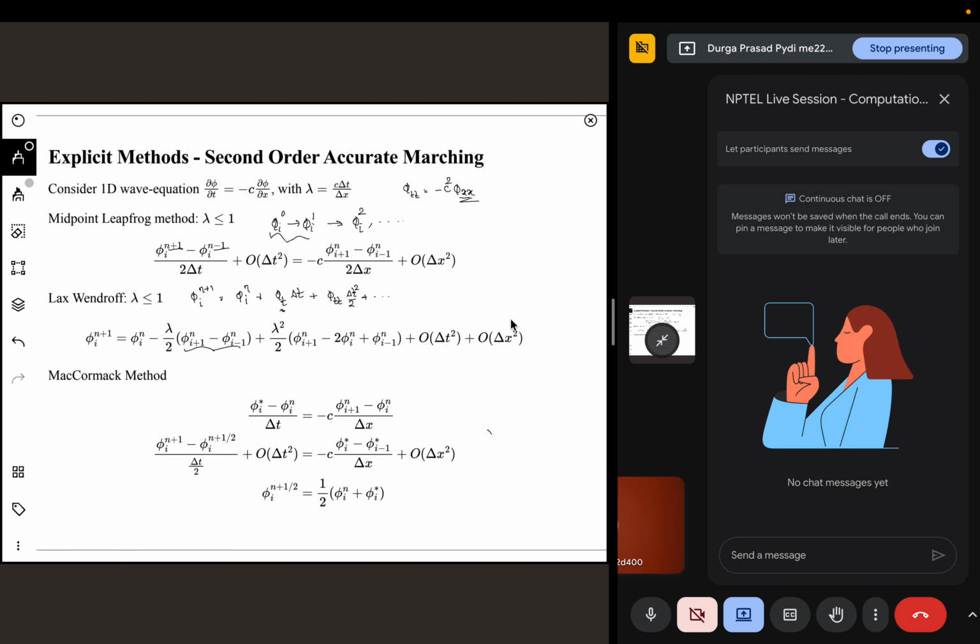You start at n, go to an intermediate state as if this is forward time, forward space, and then from the intermediate step, you go to the next step. So instead of taking one direct step, we predict an intermediate step first, and then correct for it. When we do that, this becomes second order accurate in time. You can do the Taylor series expansion for this, and it will come out to be second order accurate in time and space.